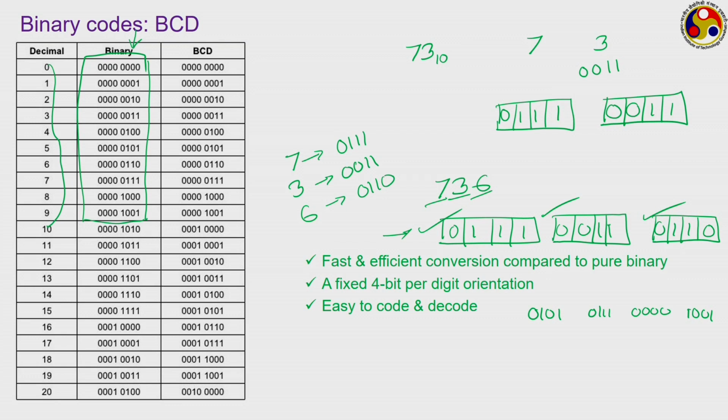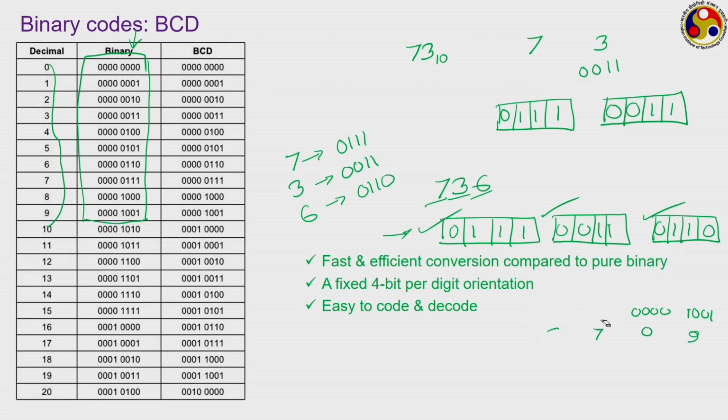So we have to identify the decimal equivalent for each of these registers. 0101 refers to what? Refers to 5, 0111 refers to 7, 4 zeros refers to 0, and 1001 refers to 9. So the corresponding decimal number that we are talking about is 5709.